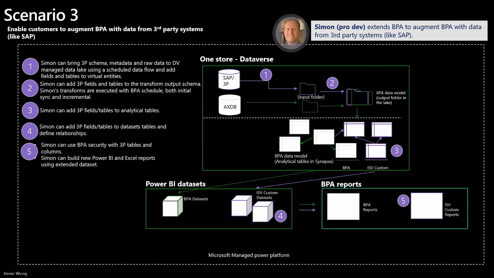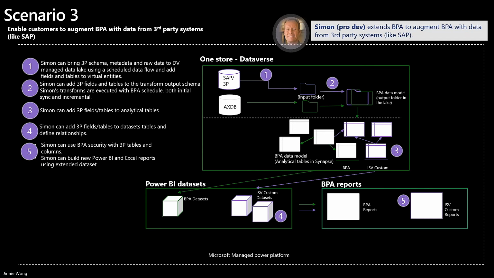So within the managed experience, we are using the scheduled data flows within Dataverse to make data available, and we're adding fields to tables to the virtual entities. So that within the input folder, we're not only receiving the IXDB data, which is our Dynamics 365 Finance, supply chain or commerce data. We are receiving the third-party data as well.